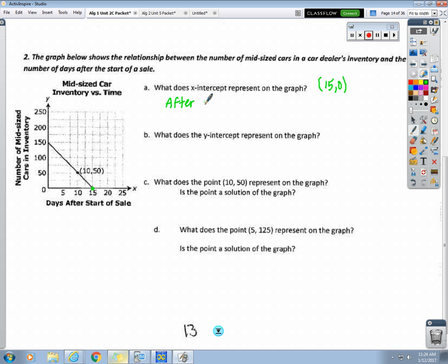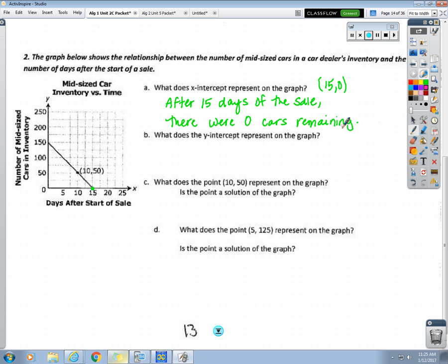Very good. After 15 days of the sale, there were 0 cars remaining. Okay, what does the y-intercept represent on the graph?